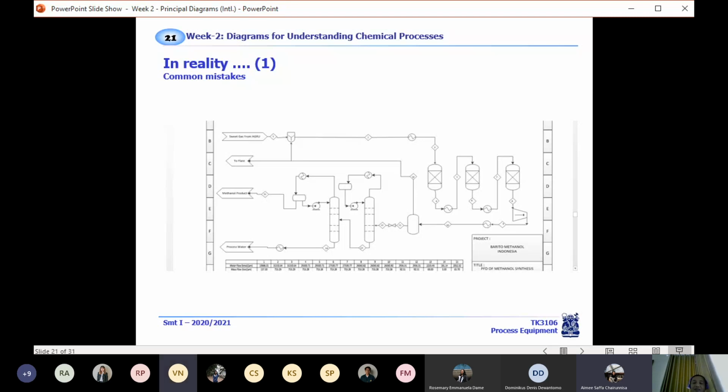Okay, the diagram. I think what I meant was the leftmost arrow, the bigger arrow, not the usual arrow for the direction of the flow. Like if we take the sweet gas from AGRU, the top left part.